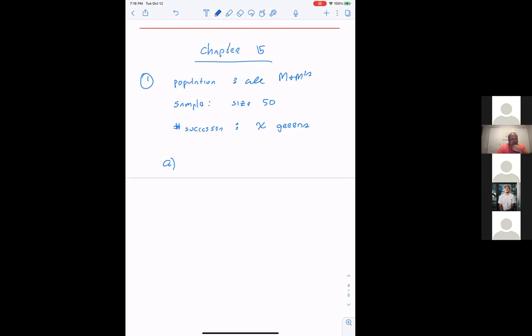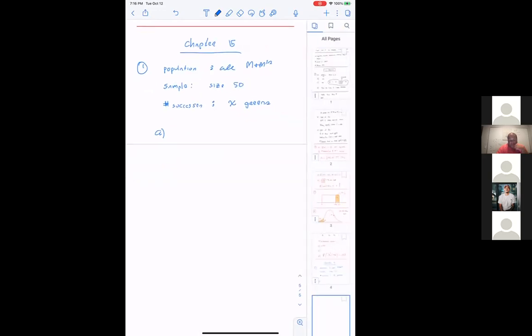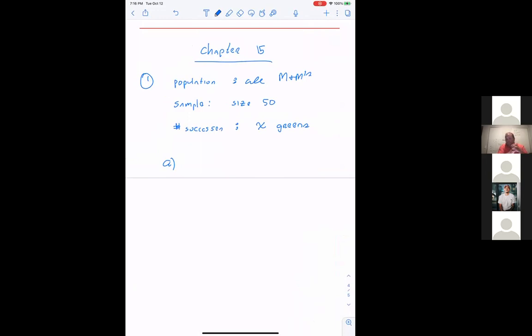What's the difference between a parameter and a statistic? Remind me, please. Isn't a parameter a true proportion and then a statistic a sample proportion? Well, maybe, but that's not how we define parameter. I mean, that's correct what you just said. But how do we define parameter and statistic?